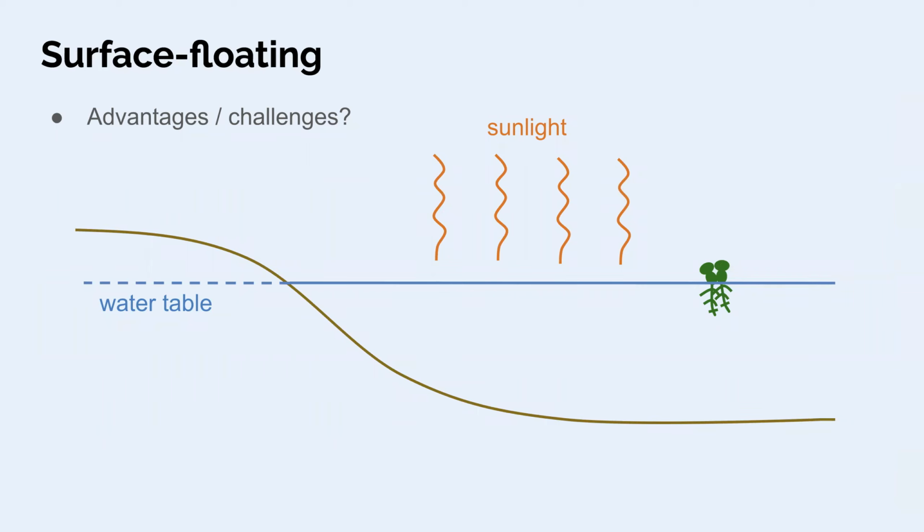So again, advantages and challenges. When I think about advantages, one thing that we didn't talk about with the last group is the advantage of being rooted in the substrate. So if your roots are down here in the soil, you have access to soil nutrients, whatever's in the minerals of the soil, the organic matter of the soil, that's more direct access.